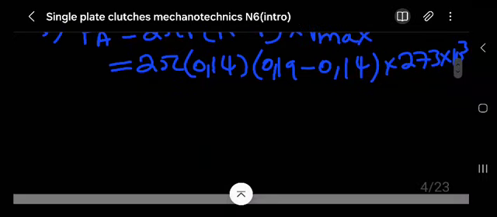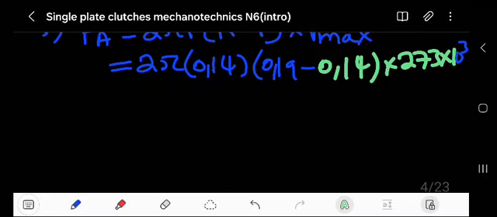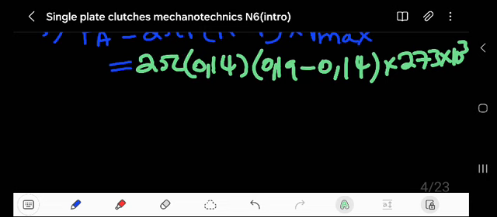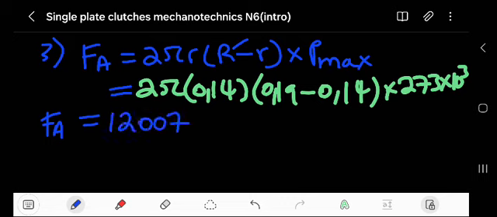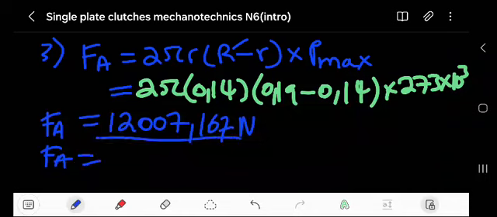If you punch this on your calculators, you're supposed to get that. The axial force should be 12,007,167 Newton.